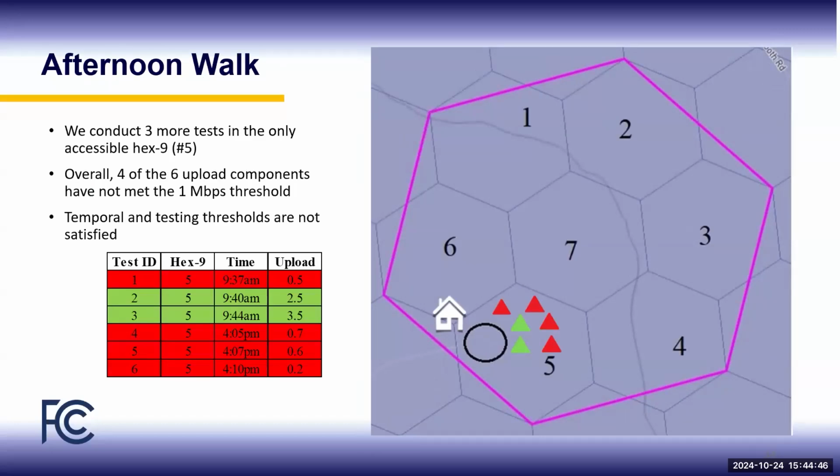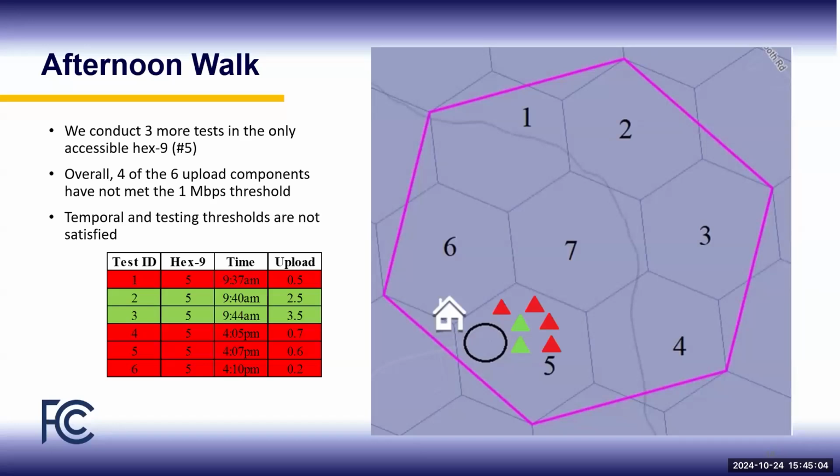In the afternoon, we conduct an additional 3 tests while walking around. None of the 3 upload components met the 1 megabit per second upload threshold. Overall, we now have 6 total upload components, of which 4 are negative.